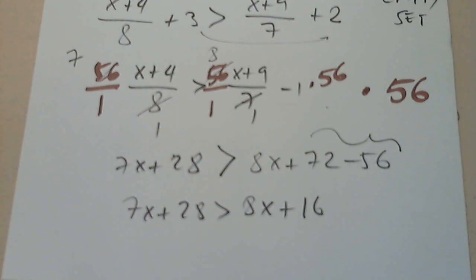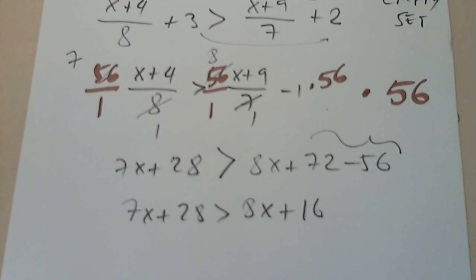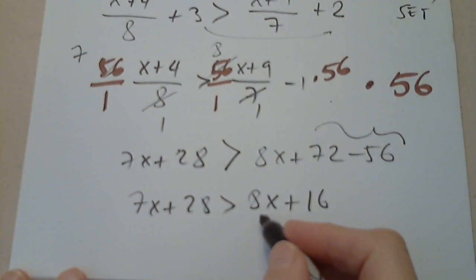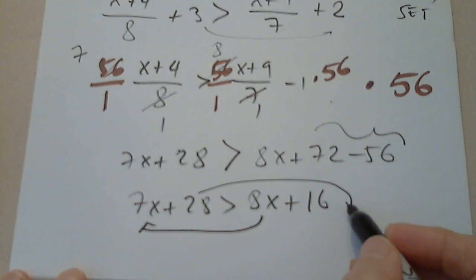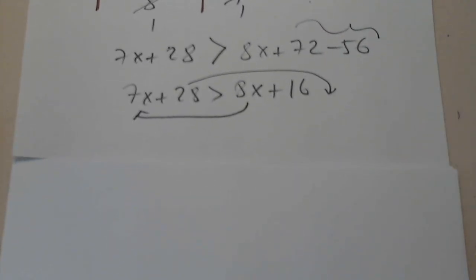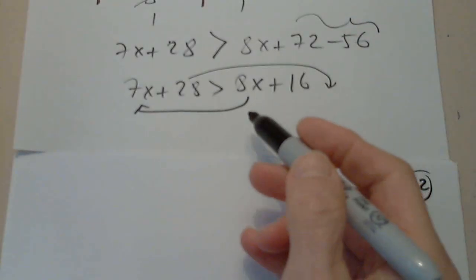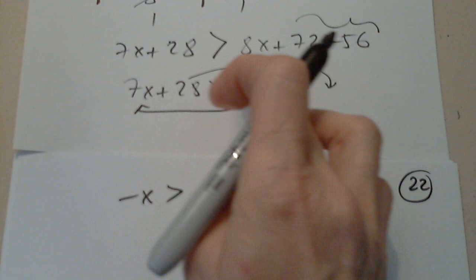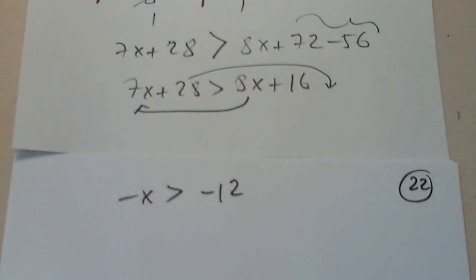Exactly as if we solve equations, the same step. 8x has to go here and 28 has to go here. Exact same sequence. So negative x greater than negative 12. What do I do now?